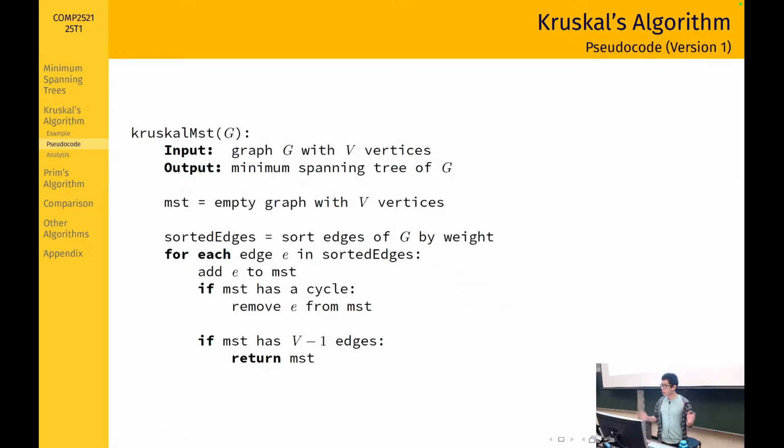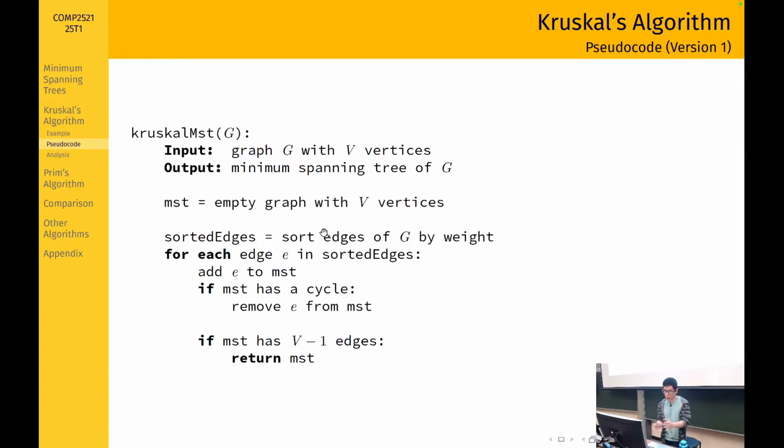Fairly straightforward in how it works. And here's the pseudocode. We have two versions of the pseudocode. They both work, but the way they check whether adding an edge would create a cycle differs. Here's the first version.